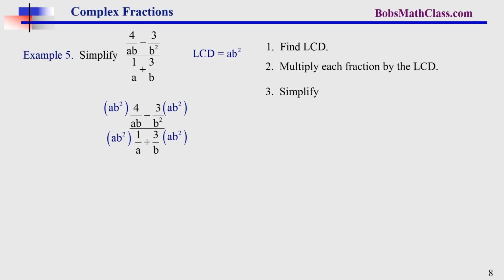On the bottom, an a will cancel with the a next to it on top, but the b squared does not cancel. And on the bottom of the second fraction, we have a b, so we'll cancel that with the b on top, and that'll leave us still with another b, and the a will not cancel. So what we'll get is 4b minus 3a, and on the bottom, b squared plus 3ab.